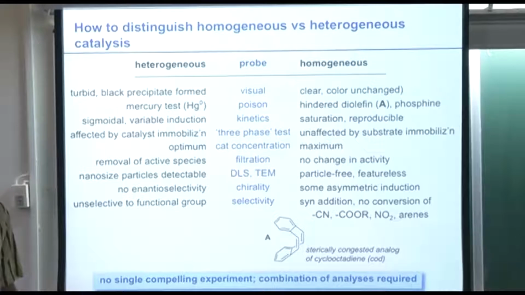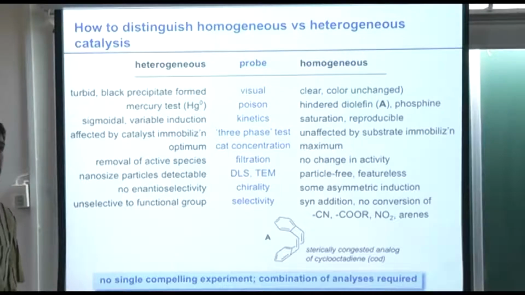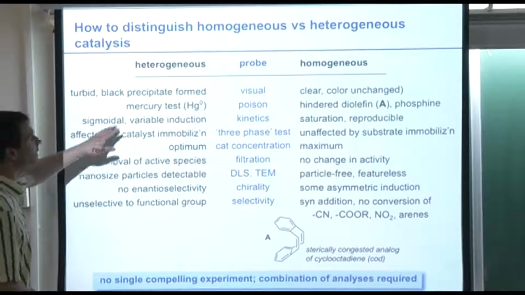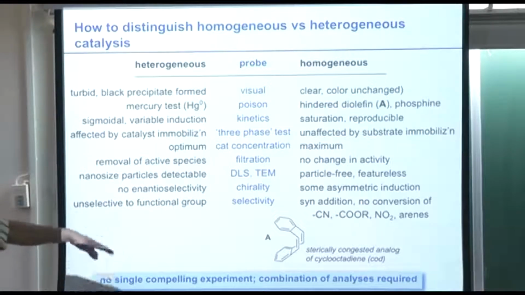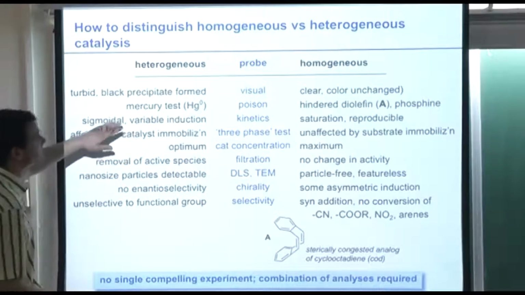Luckily, there's a set of probes of how we can look at different working modes and distinguish homogeneous from heterogeneous catalysis. I put them down here. I don't know when you came in, just before we entered or a long while ago, you may have read most of this.